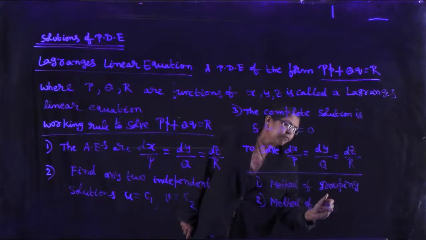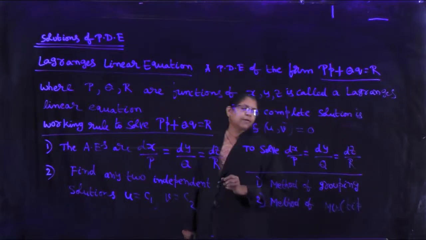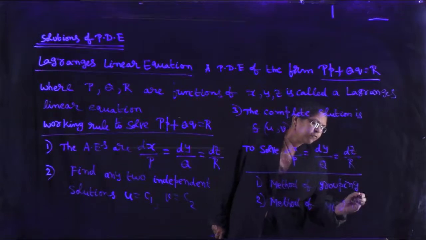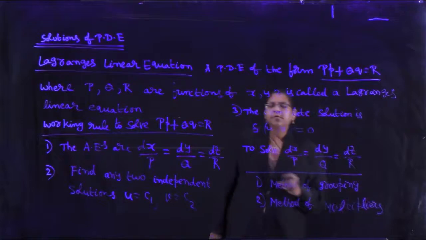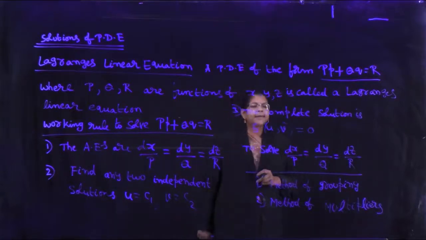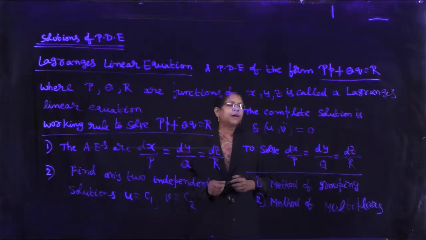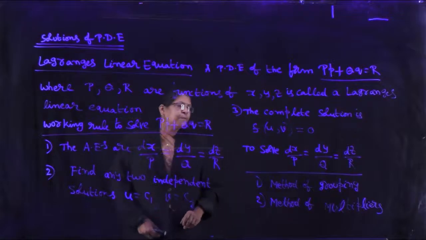What is the first one? Method of grouping. What is the second one? Method of multipliers.